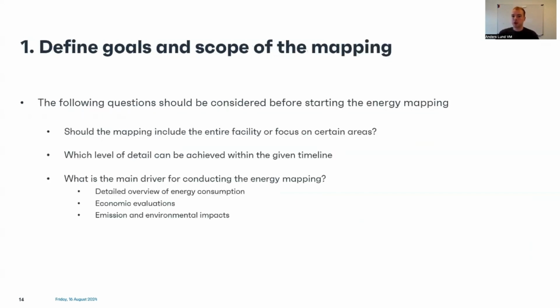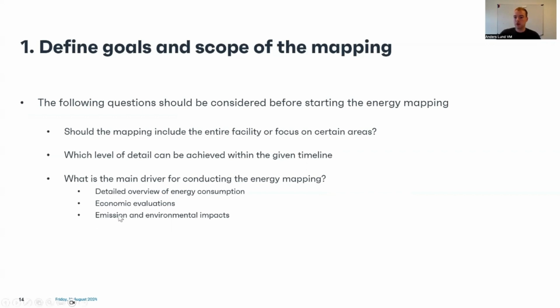So what should the mapping be used for? Should the mapping include the entire facility or focus on certain areas, depending on what level of detail you have for data? And what given timeline do we have? So can we achieve the data needed?